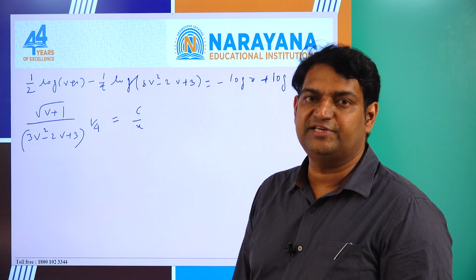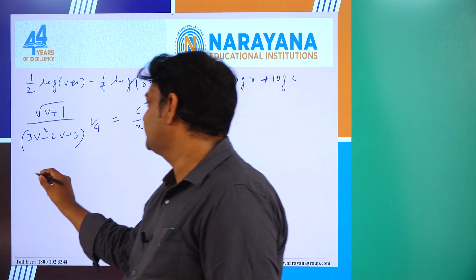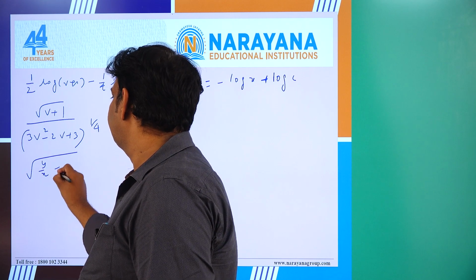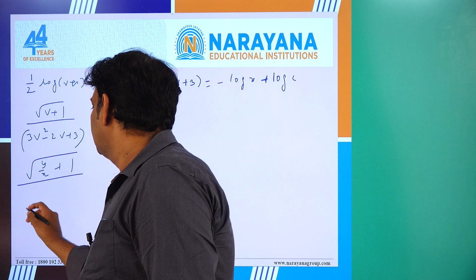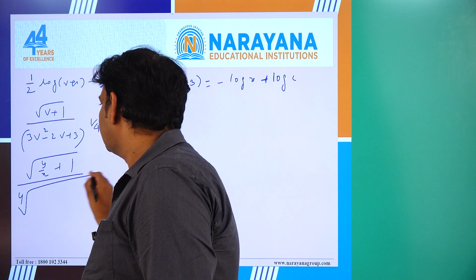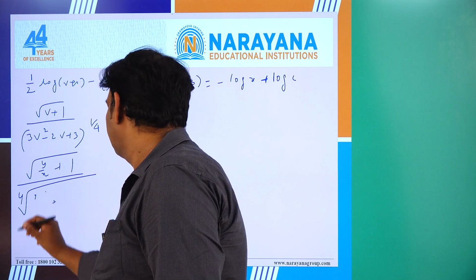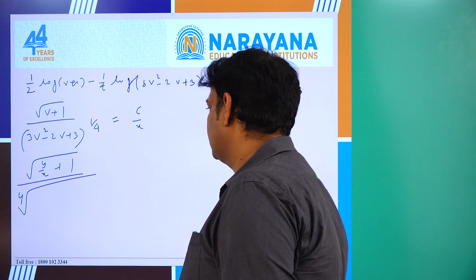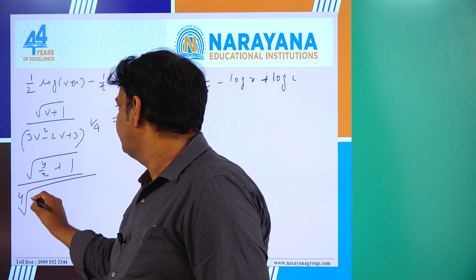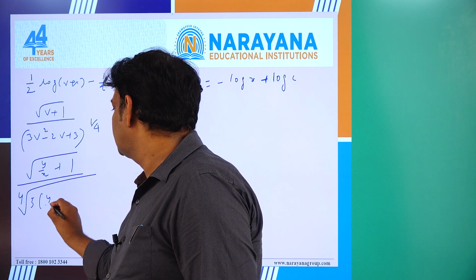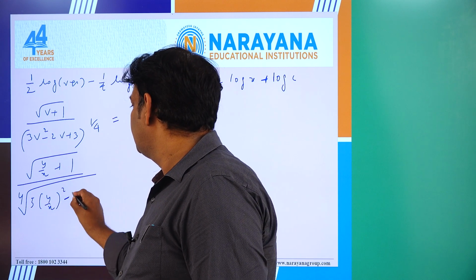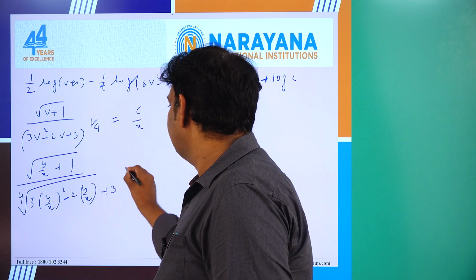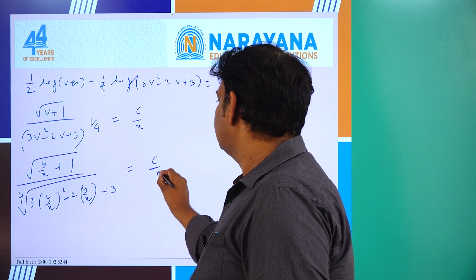And then y equals vx, so v is what? y by x. Do this substitution. What will you get? Square root of y by x plus 1 by the 4th root of 3 times y by x whole square minus twice y by x plus 3 is equal to c by x.